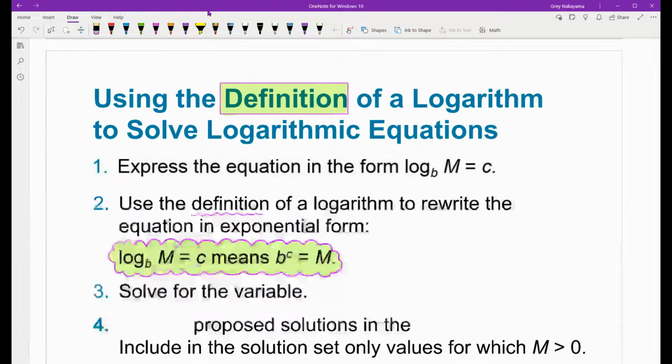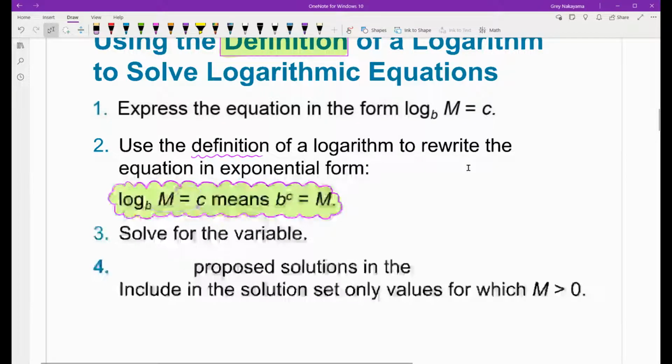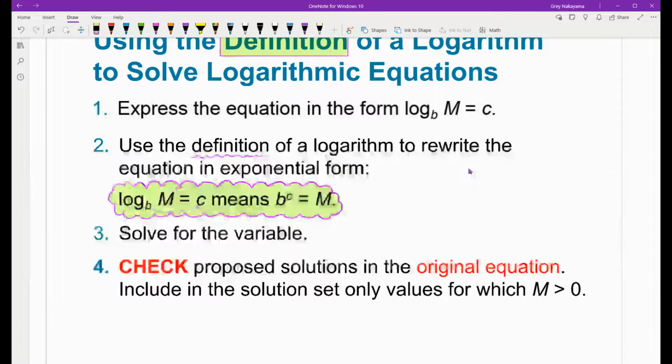And most importantly, this is something that is different and more crucial than what we did in the previous lesson of solving exponential equations. And that is, you need to check your solutions in the original equation every single time. Because you've got to remember that m has to be greater than 0. And you're like, well, what is m?